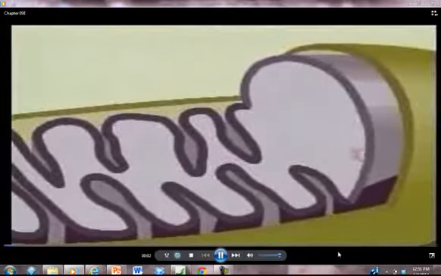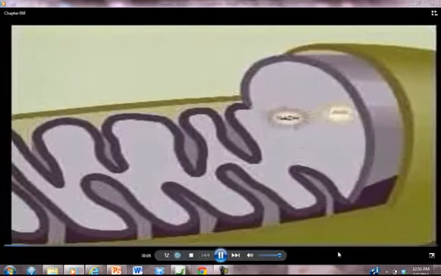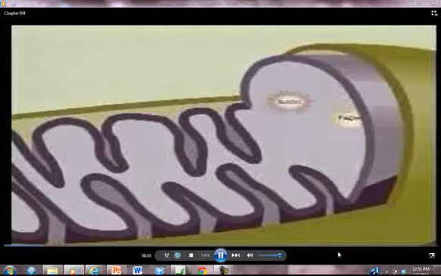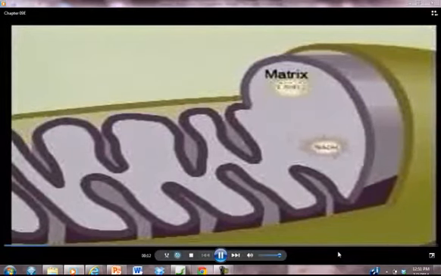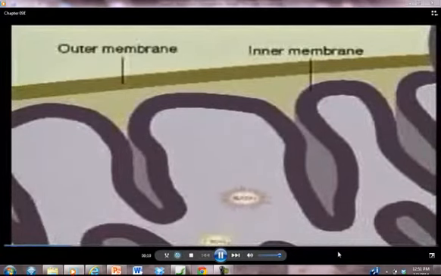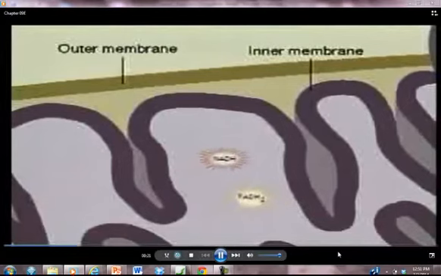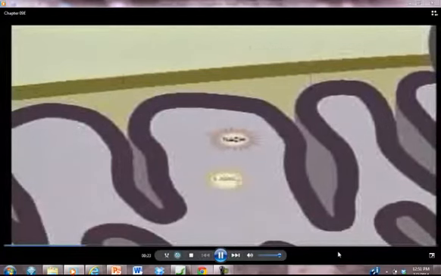Most of the energy a cell harvests during the Krebs cycle is held in energy carriers such as NADH and FADH2. These energy carriers stay within the matrix of the mitochondria. They transfer their high-energy electrons to proteins on the inner membrane of the mitochondria.